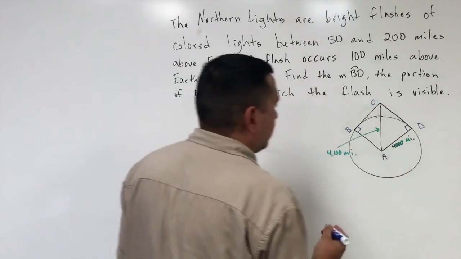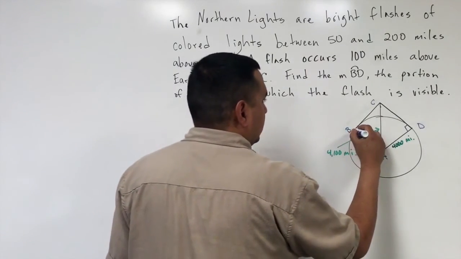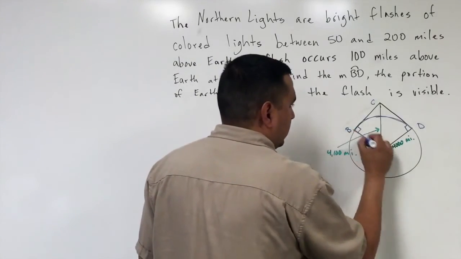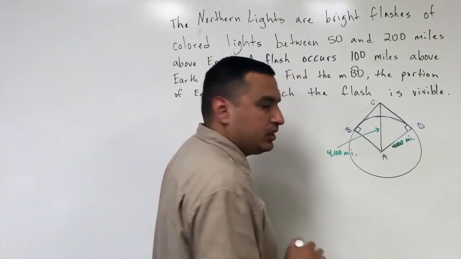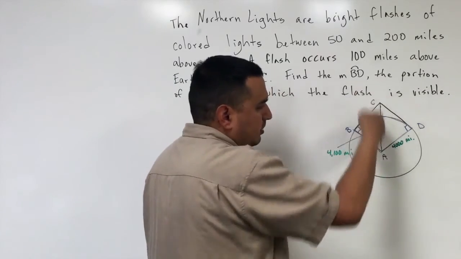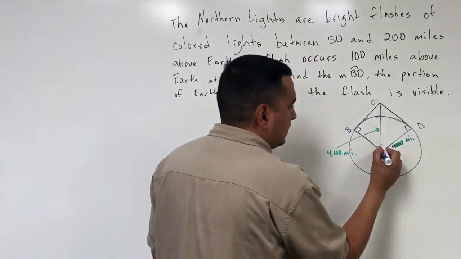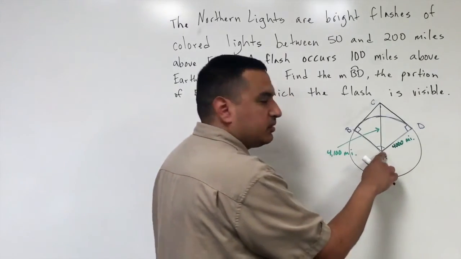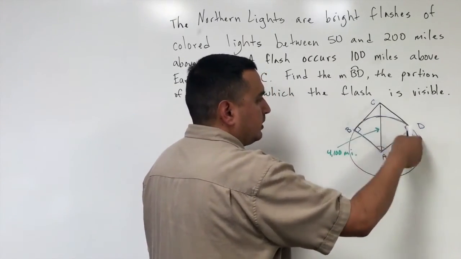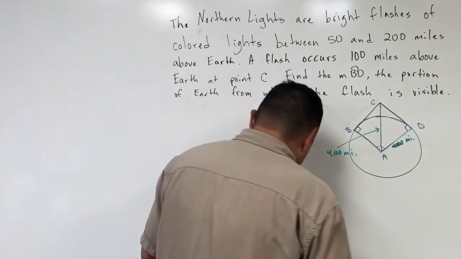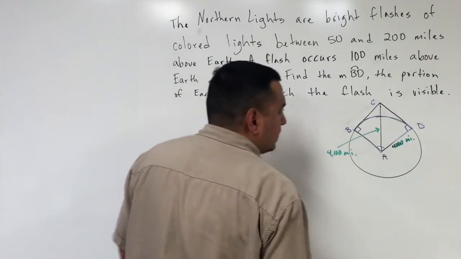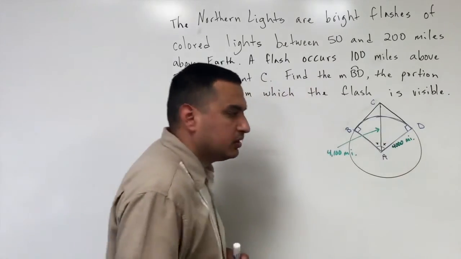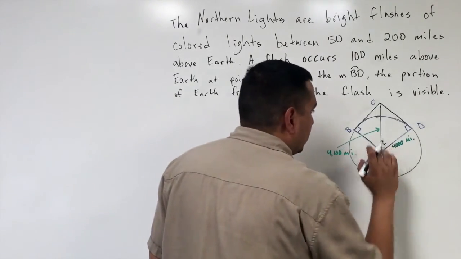And the reason I'm bringing that up is because in order for me to find this arc BD, I need to know what the central angle is here. This segment AC is bisecting that angle at the bottom, and if I can figure out what this angle is at the bottom, I can figure out what the arc is. So I'm going to let this angle down here be x, which means this angle over here is x. But I'm just going to focus on the one on the right.